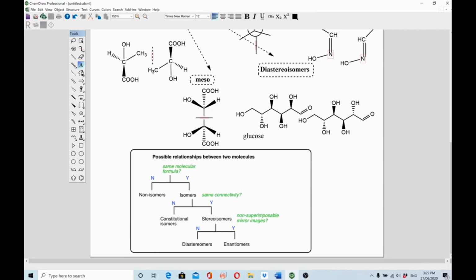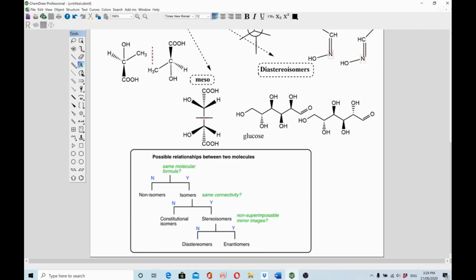If the stereoisomers are non-superimposable mirror images, that's what are called enantiomers. If they are not mirror images, that's called diastereomers. So you need to follow through this chart in order to recognize what kind of isomer it is. So it's a yes-no chart. You flow through it from the start.